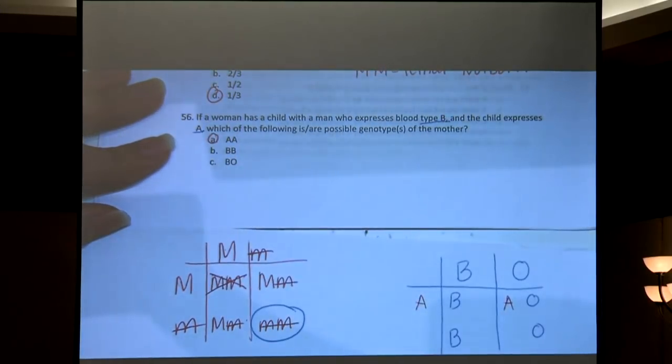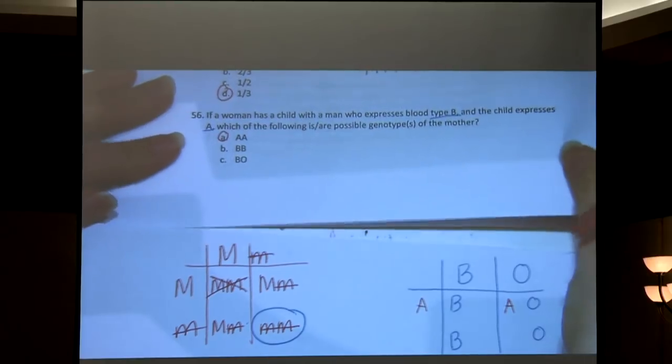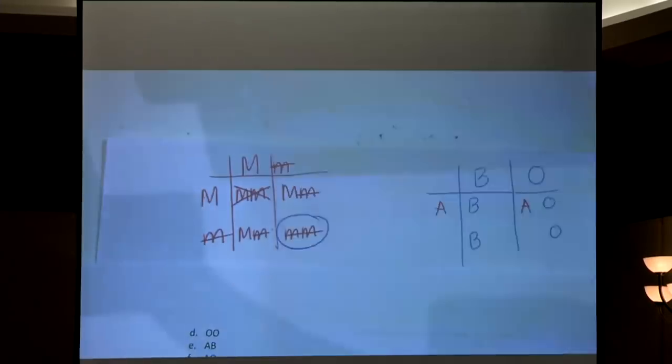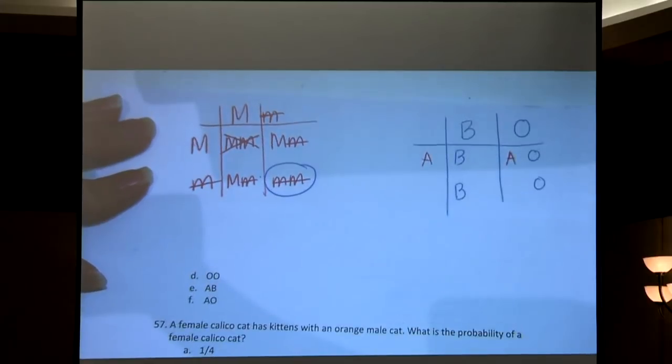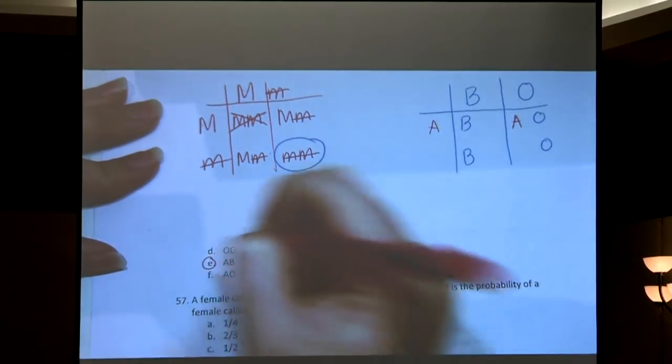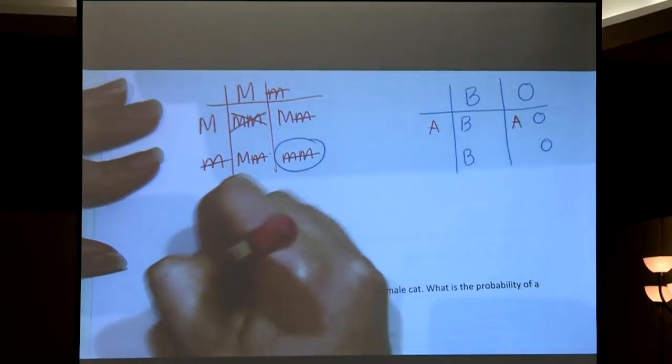She can't have B, she can't have BO. She at least has to give the child 1A. In the case, mom cannot also have OO because she has to give the child at least an A. She could, however, be AB. She could also be AO.